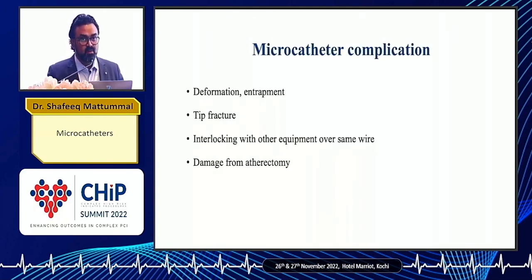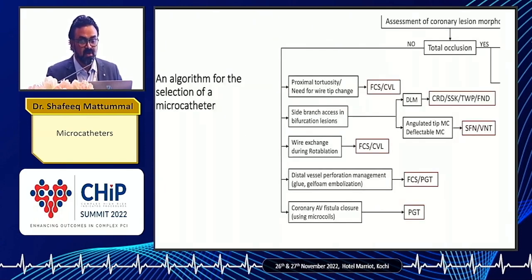These catheters, when handled with care, are usually safe. Complications are less, but once in a while you can have a tip fracture, deformation or entrapment. You should be very careful when you reuse these catheters, and inspect them very thoroughly.